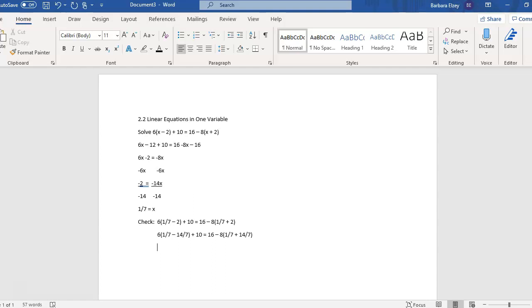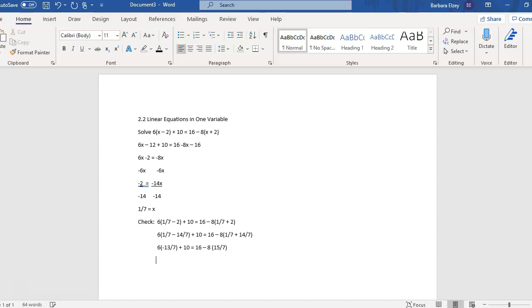Now I'll go ahead and finish those parentheses. So 1/7 minus 14 sevenths is -13 sevenths. And over here, 1/7 plus 14/7 is 15/7. All right, so let's continue checking.